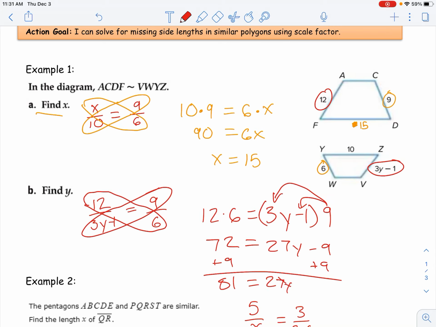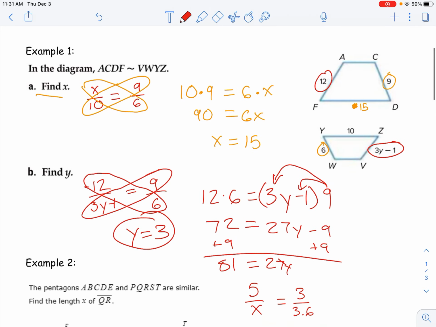So y would equal 3. There we go. So again, that's not really finding the length of the side, but that is finding y, and we could plug that in if we wanted to find the length of that side.